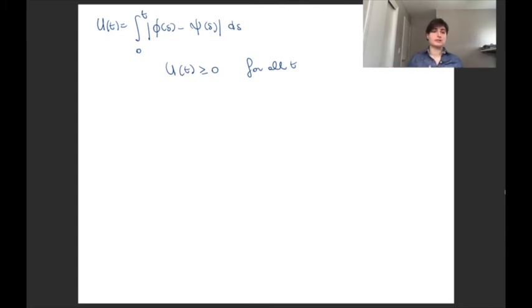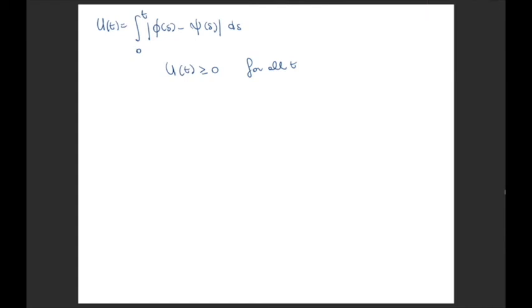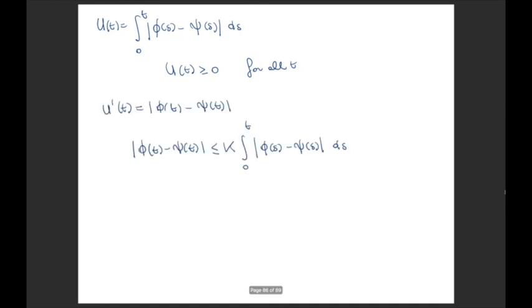And we also know that u computed at 0 is equal to 0 because it's an empty integral. We also know that u prime is, by the fundamental theorem of calculus, the absolute value of phi t minus psi t.